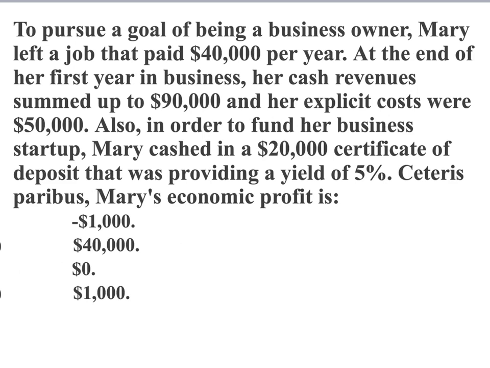Also about accounting and economic profits, and this one says to pursue a goal of being a business owner, Marie left a job that paid her $40,000. So that will be the opportunity cost. At the end of her first year in business, her cash revenue sums up to $90,000. So that will be her revenue, I'm going to write it here to keep ourselves organized, $90,000.